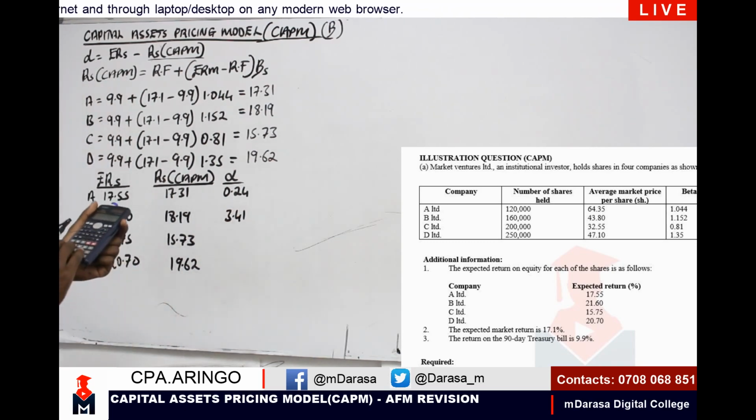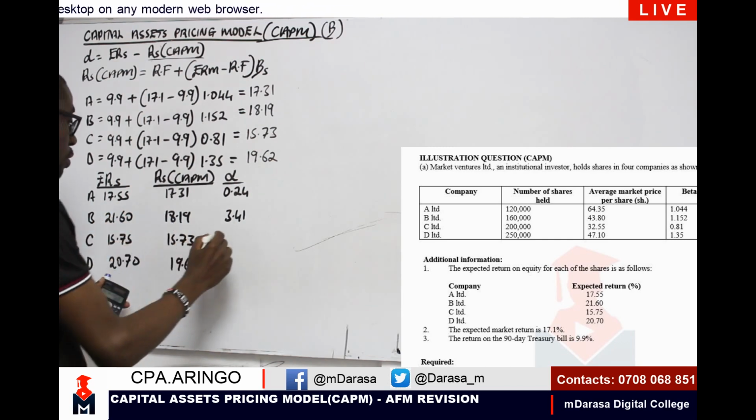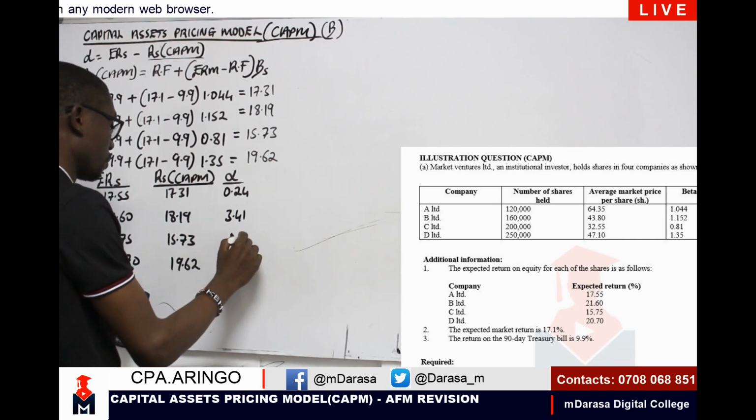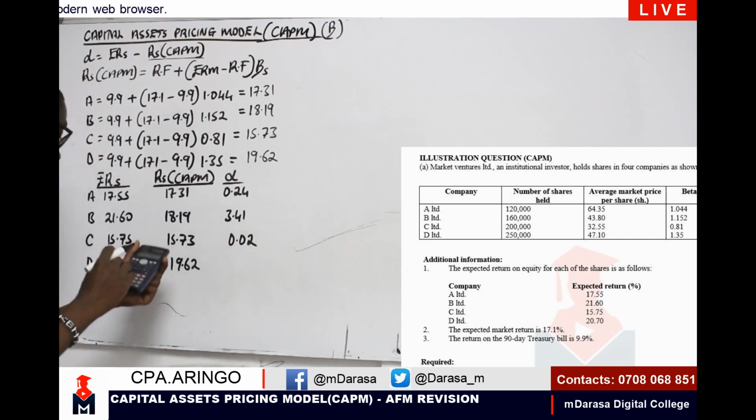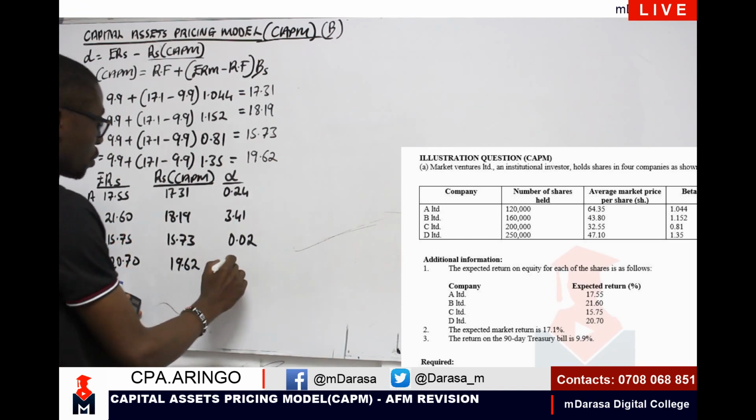Then 15.75 minus 15.73 gives us 0.02. 20.70 minus 19.62 gives us 1.08.